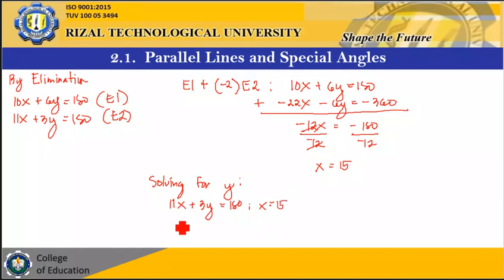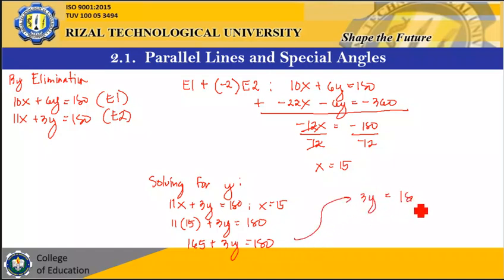Okay, so we have here 11 times 15 plus 3y is equal to 180. 11 times 15 is 165 plus 3y is equal to 180. And then subtracting both sides of the equation by 165, we say that 3y is equal to 180 minus 165.